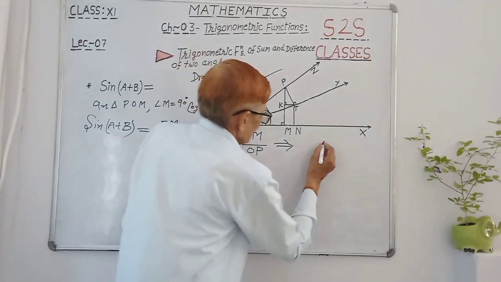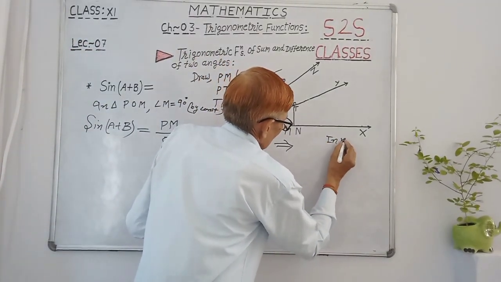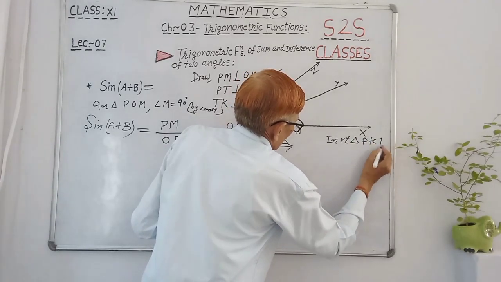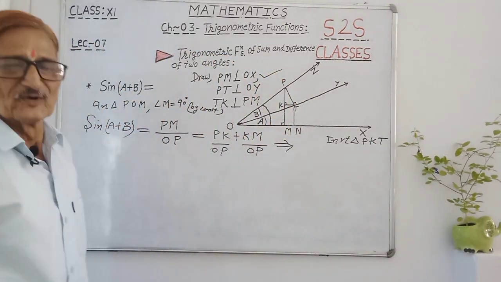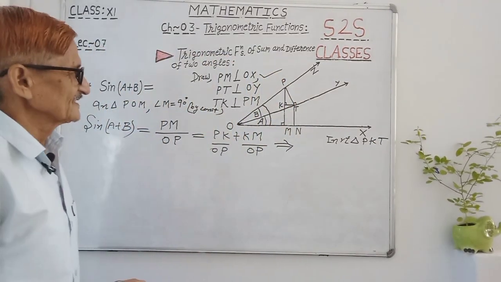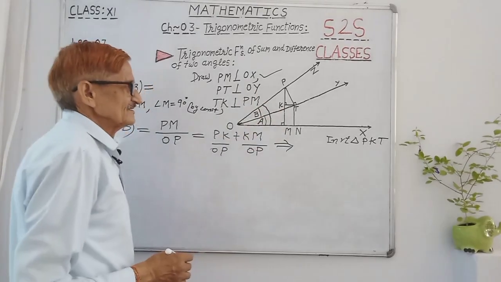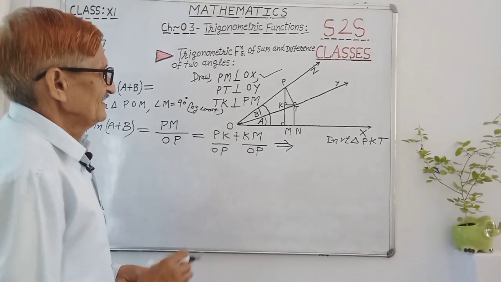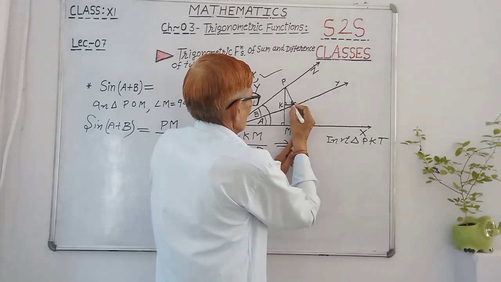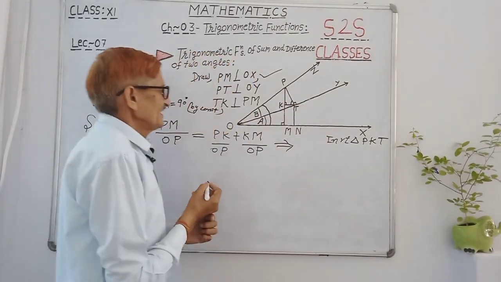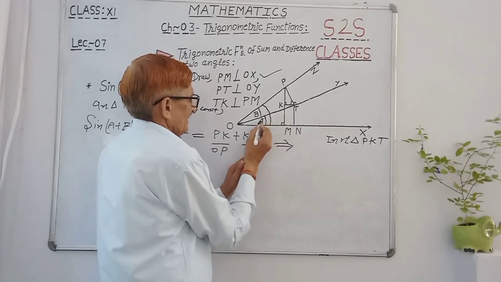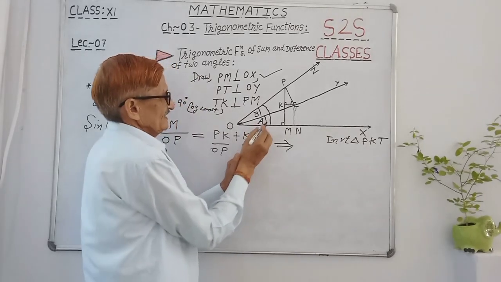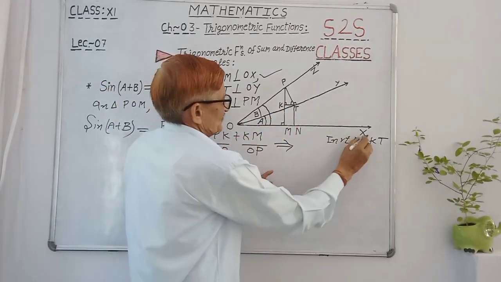In right triangle PKT, the hypotenuse is PT. So if we want to find angle PTK, it will be 90 minus A, because this is angle A, angle TON is A, and TK is parallel to OX.